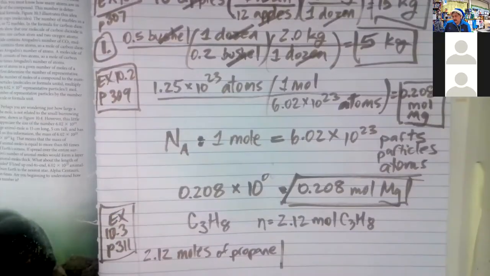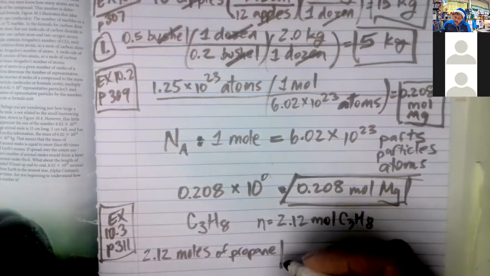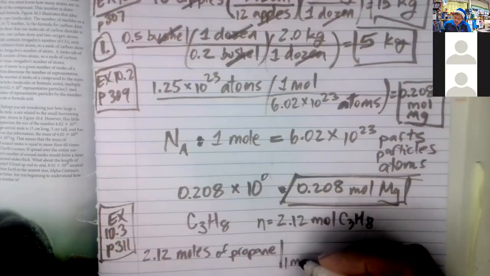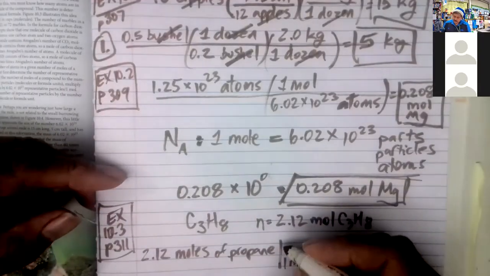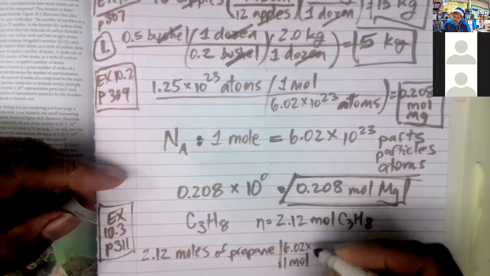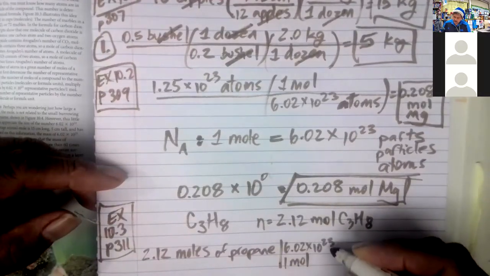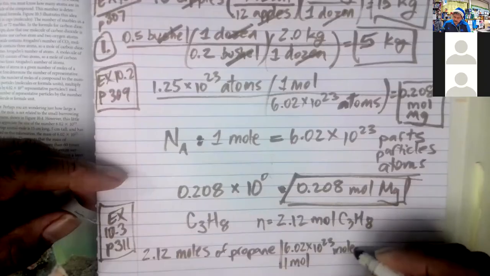In 1 mole of propane, you're going to have 6.02 times 10 to the 23rd molecules of propane.